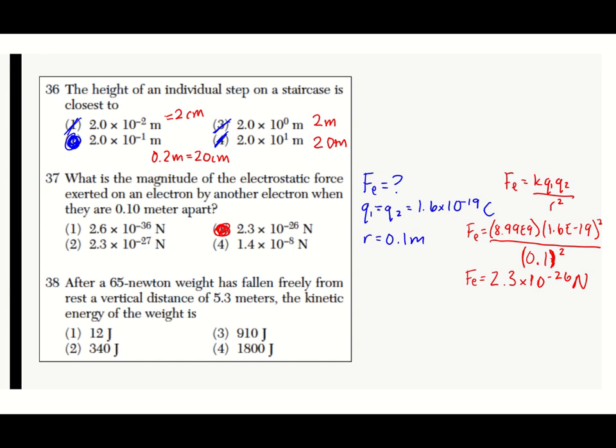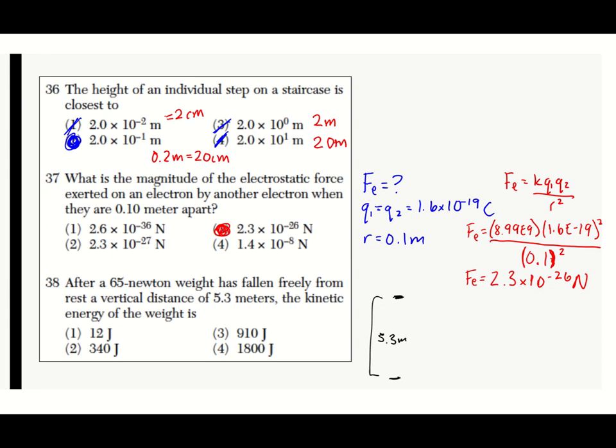Okay. Number 38. After a 65 Newton weight has fallen freely from rest, a vertical distance of 5.3 meters, the kinetic energy of the weight is blank. Okay, so here we have a weight that starts about 5.3 meters high. So this is its starting point, and this is its end point. And this is a difference of 5.3 meters high.